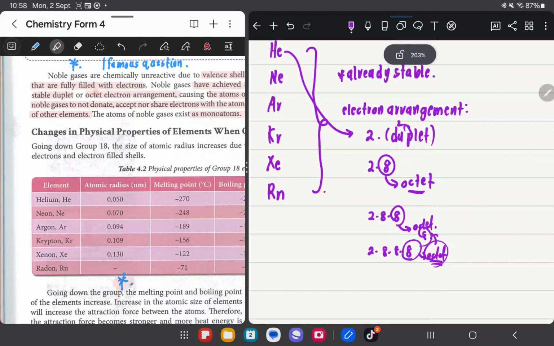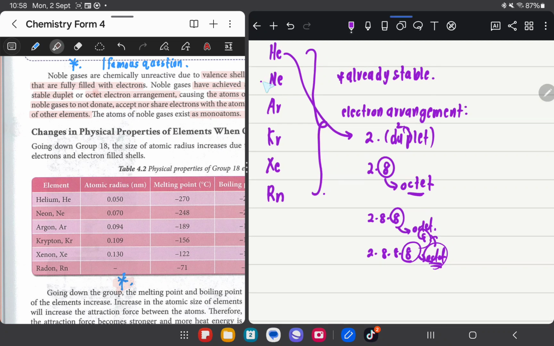So to put it short, for an octet, the second shell onward must have 8. For argon the third shell will have 8, for krypton the fourth shell will have 8, for xenon the fifth shell will be full. That is the basic. To put it simply, all these elements are already stable.